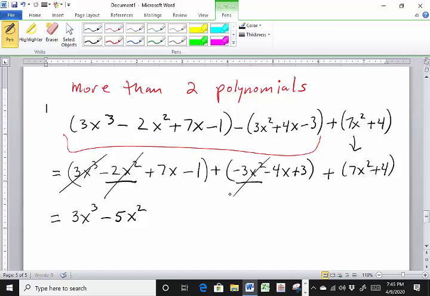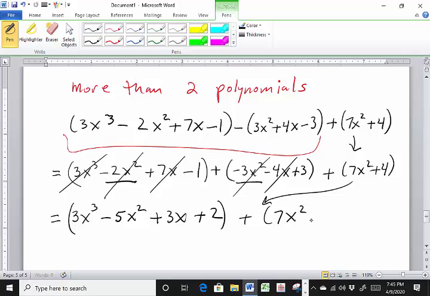I'll mark those off. Then a plus 7x added to a minus 4x is going to be 3x. And then negative 1 added to 3 is going to be a plus 2. So I now have this polynomial, and then just bring this down: plus 7x squared plus 4.